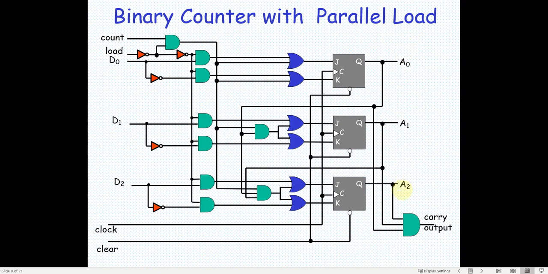So it could be the next MSB for the next stage. For certain applications, this can be used. This is 3-bit. After 9, if you have a BCD, this will trigger the next MSB. That is the reason you have a carry out there.